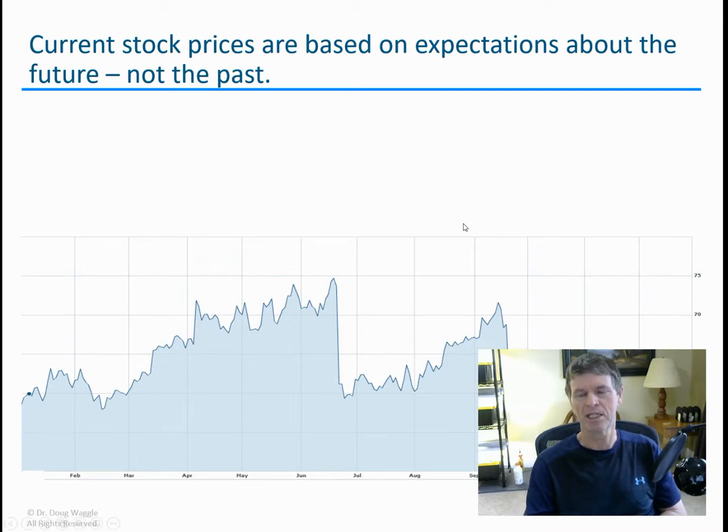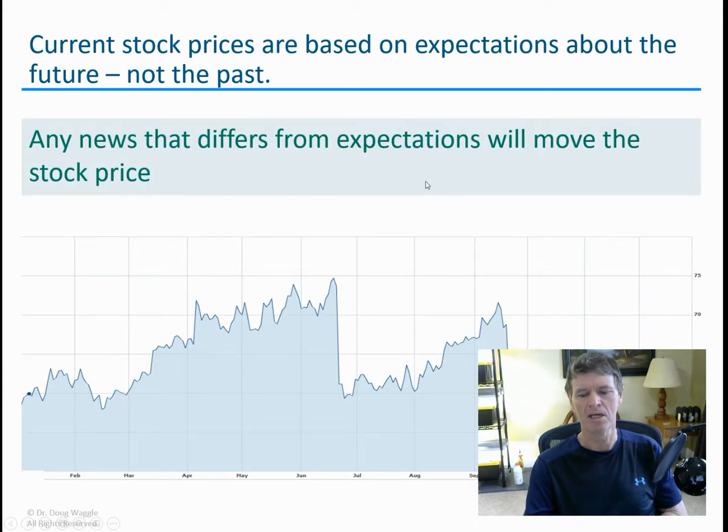So if there's suddenly news that Apple's going to produce iPhones, they've got a way to keep their workers secure and be able to produce iPhones quicker and not worry about pandemics, then that could lead to a price jump, even though whatever that is may not have happened yet. So the prices are based on expectations about the future, and then anything that happens going forward that differs from what we expected to happen is going to cause the stock price to move.